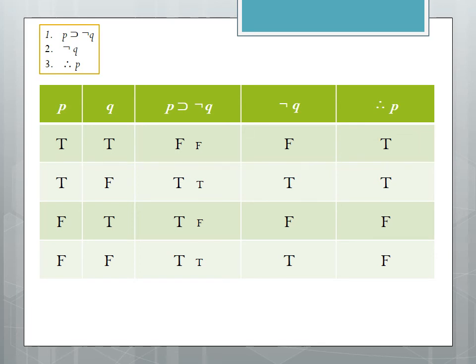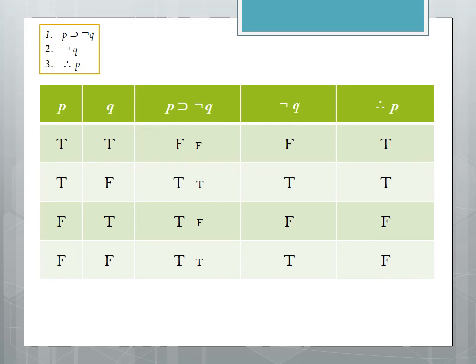Well, on the first row, the premises are not all true, so that doesn't provide us with a counterexample. On the second row, the premises are all true, but the conclusion is also true. So we don't get a counterexample there. On the third row, not all the premises are true, so we're not going to get a counterexample there.